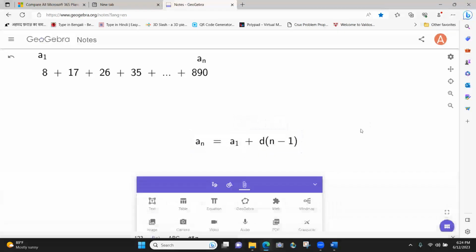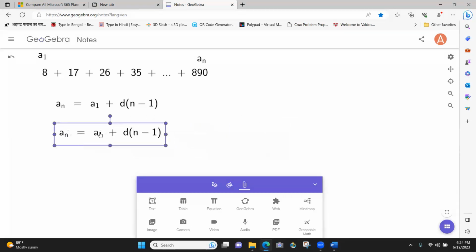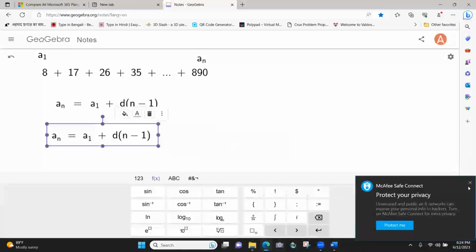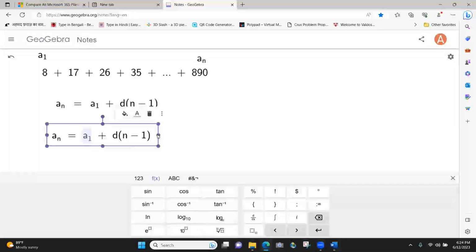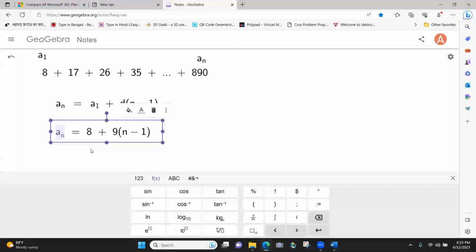Now, the first term is 8, and the common difference is 9, because 17 minus 8 is 9, 26 minus 17 is 9, 35 minus 26 is 9, so I'm going to put 9 here. Now, I am looking for N, and A subscript N is, as shown above, 890.